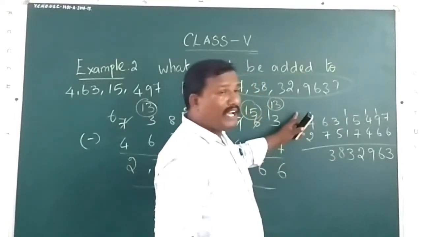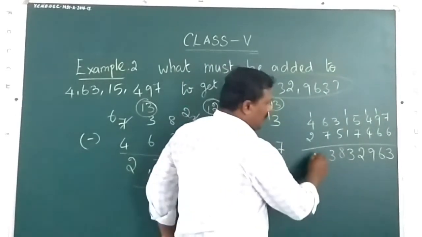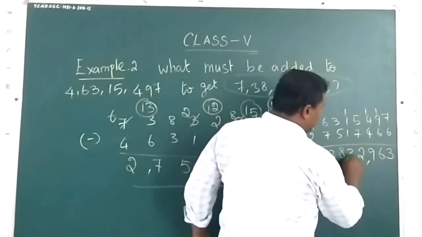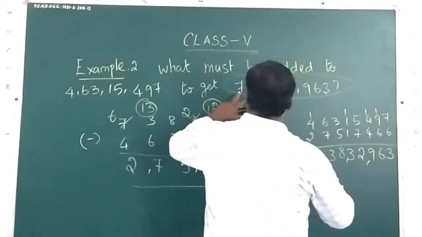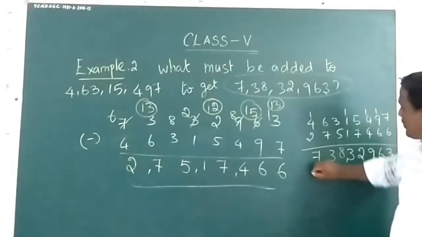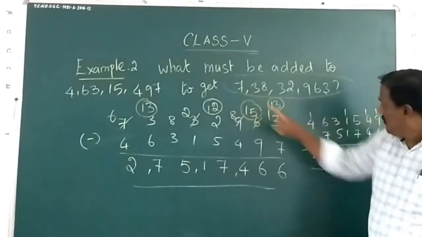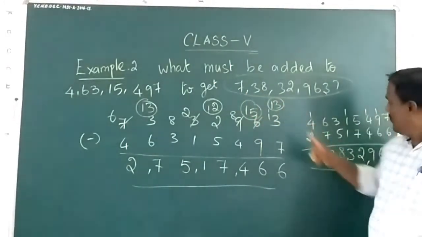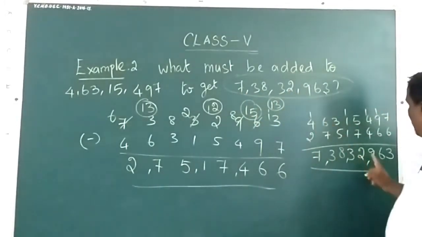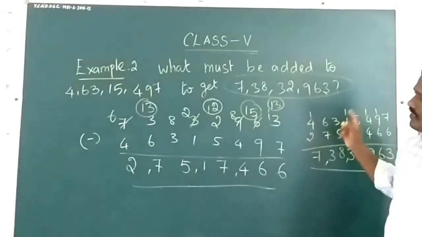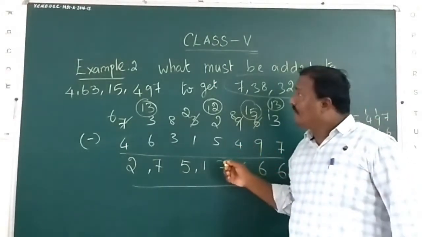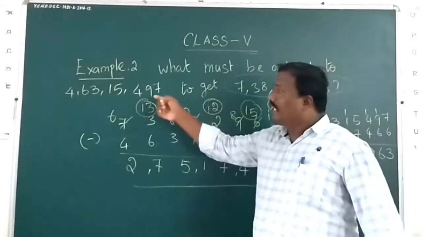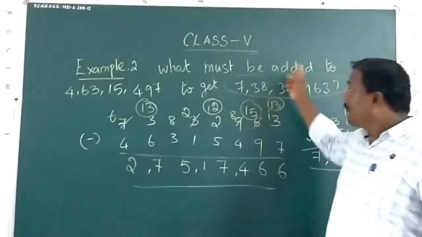Then 4 plus 1, 5. 5 plus 2, 7. If you cross check this number, see, 7, 38, 32, 963. So it's the same. This is the way we can find the second number. They give the first number and then they give the total.